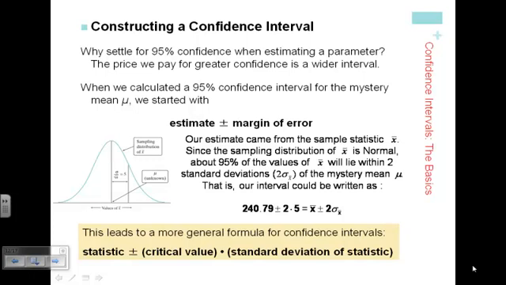Go ahead. That formula is for the confidence interval? That's the formula for the confidence interval. If you get out your formula sheet real quickly, I'll show you where it is on your formula sheet.